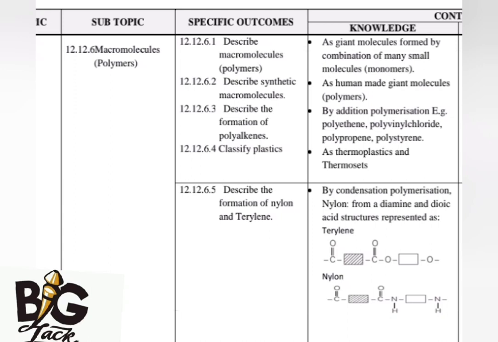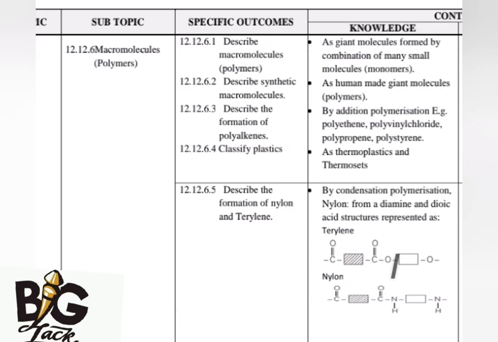As for nylon, it has the amide linkage. The amide linkage is N for nitrogen, then C for carbon, then the double bond, then we put oxygen.